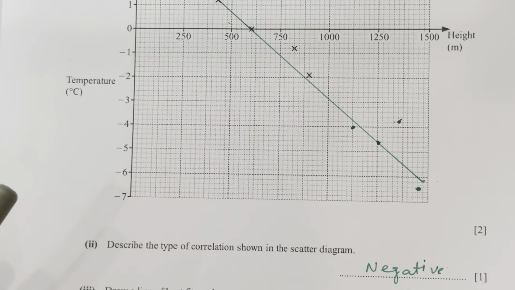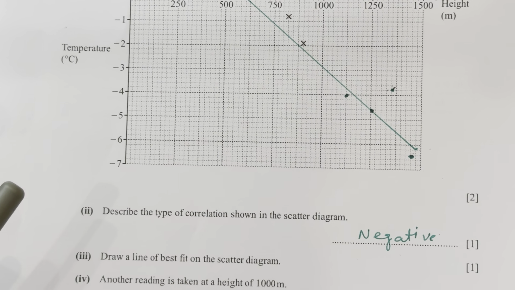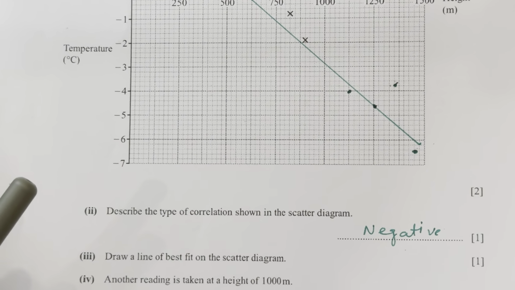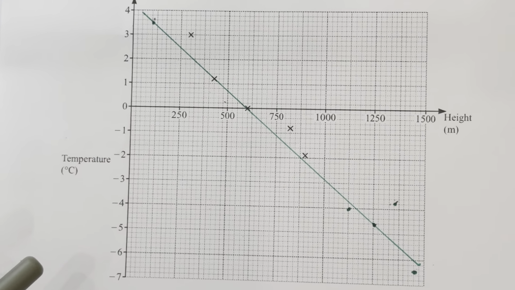Okay, next part is another reading is taken at a height of 1000 meters. Use your line of best fit to estimate the temperature at this height. So this is the value of 1000, and we can see that over here it is cutting.